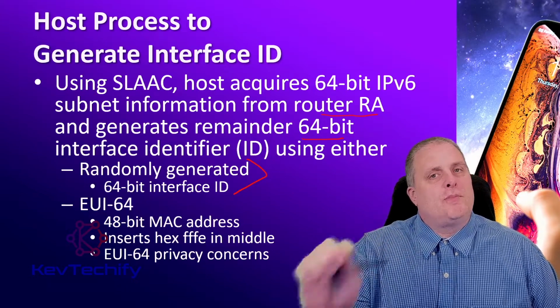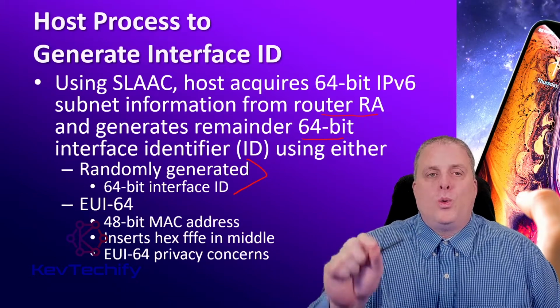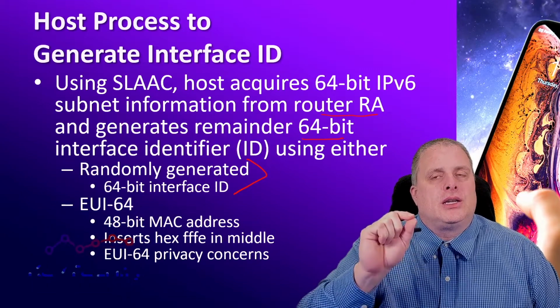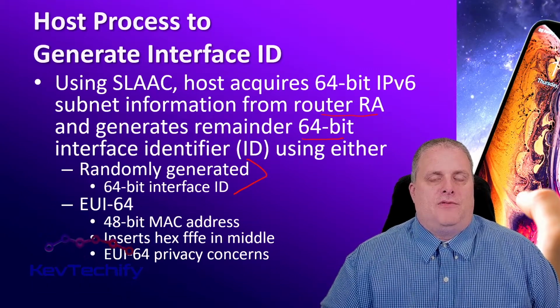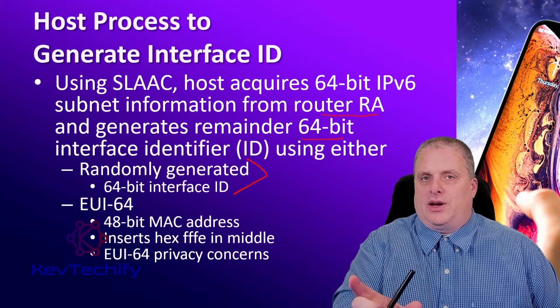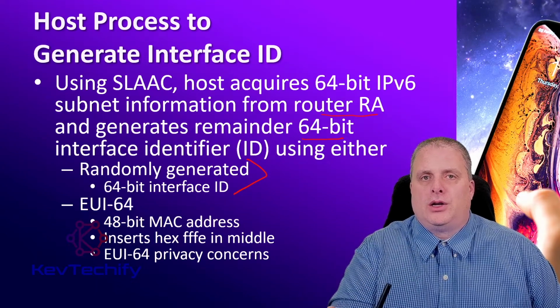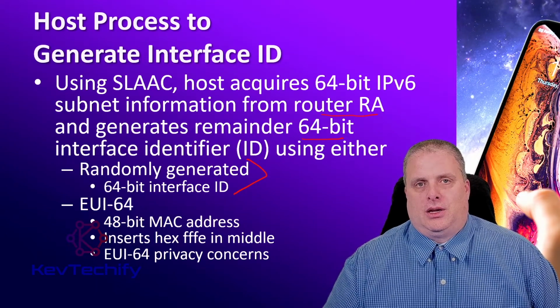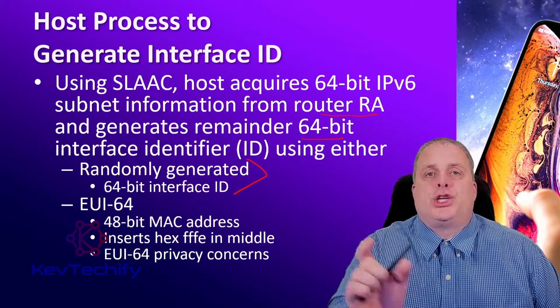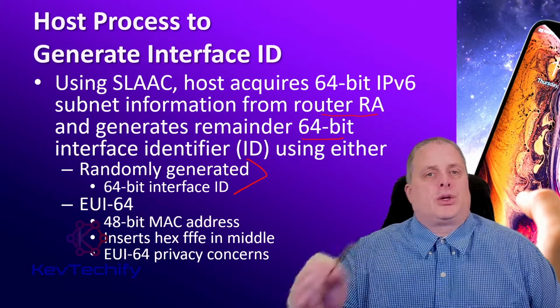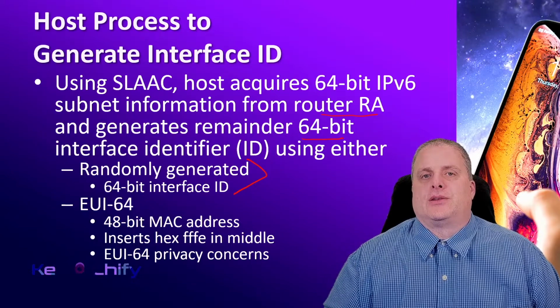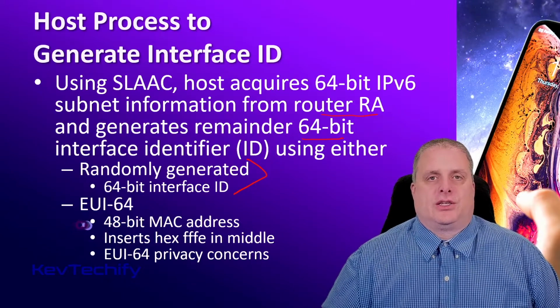Because it uses your MAC address, we could then track your device using that. If you have the IP version 6 address of a computer, you can see what the MAC address is. And because in theory that MAC address shouldn't change, we can now start tracking where that device is. And so it's a privacy concern.